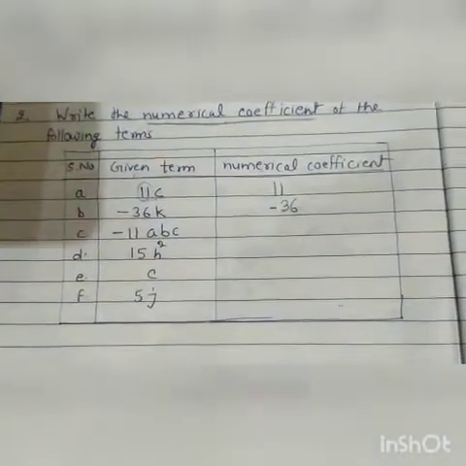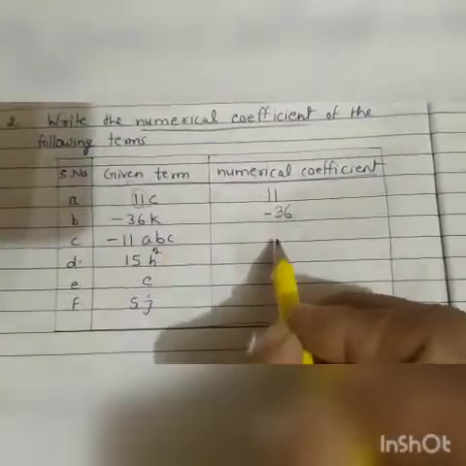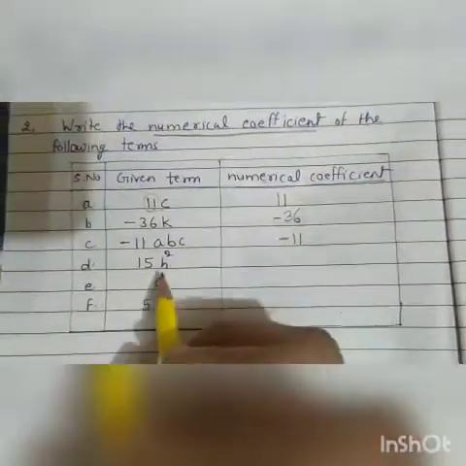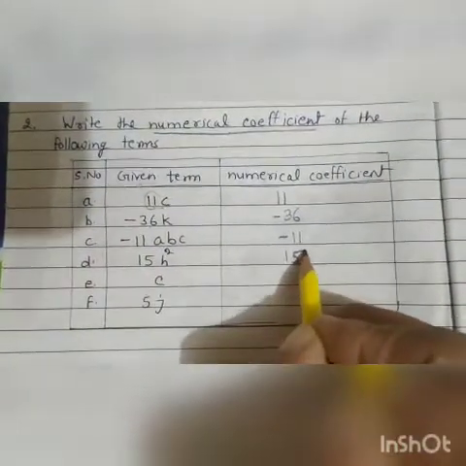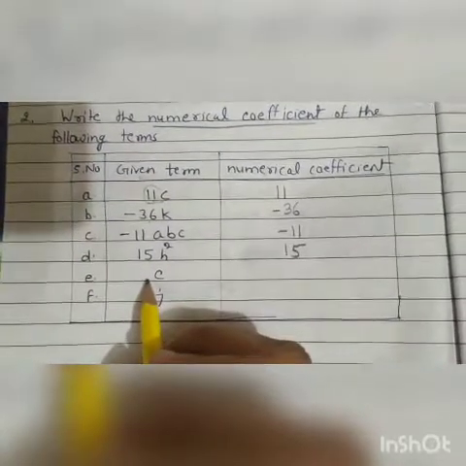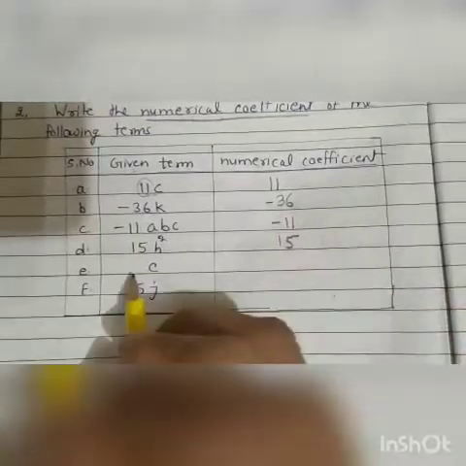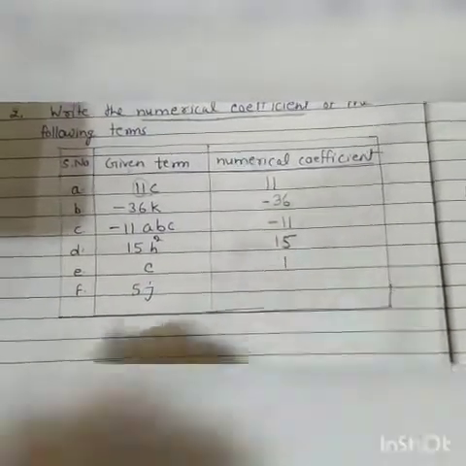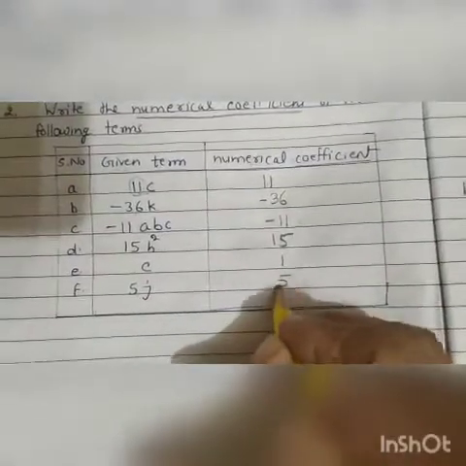Next term is minus 11abc. So the numerical coefficient of this term is minus 11. In this term, the numerical coefficient is 15. In this term, no numerical value. So what will we consider here? It will be considered as 1. So the numerical coefficient of this term is 1. The numerical coefficient of 5j is 5.